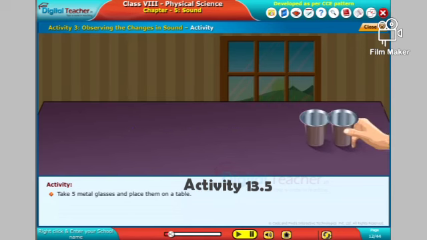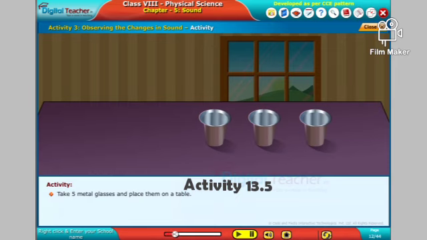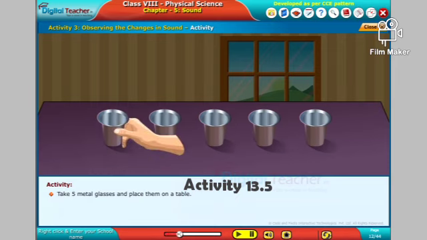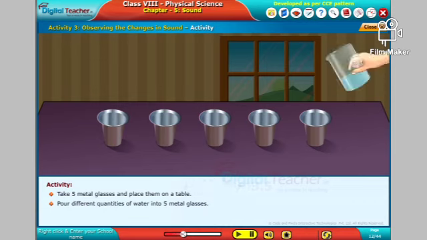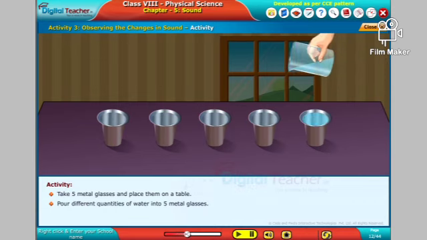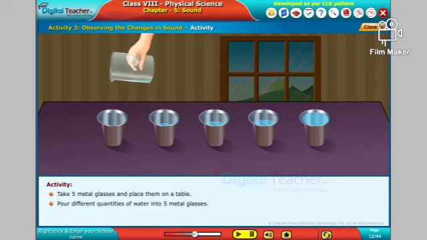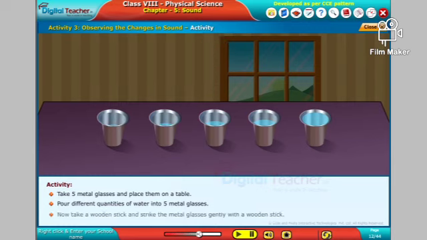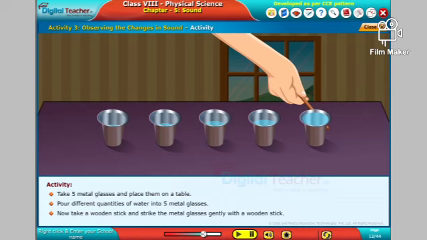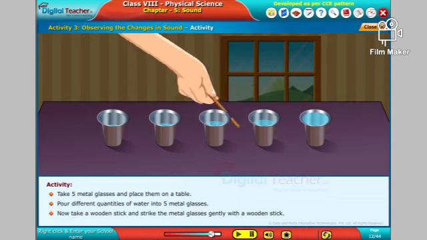Take 5 metal glasses and place them on a table. Pour different quantities of water into the 5 metal glasses. Now, take a wooden stick and strike the metal glasses gently with the wooden stick.